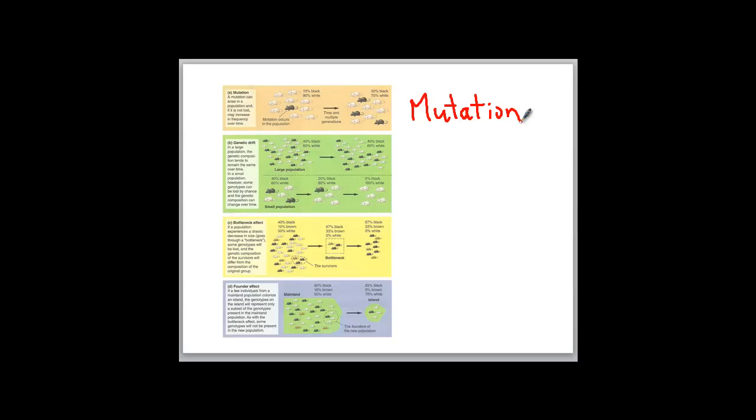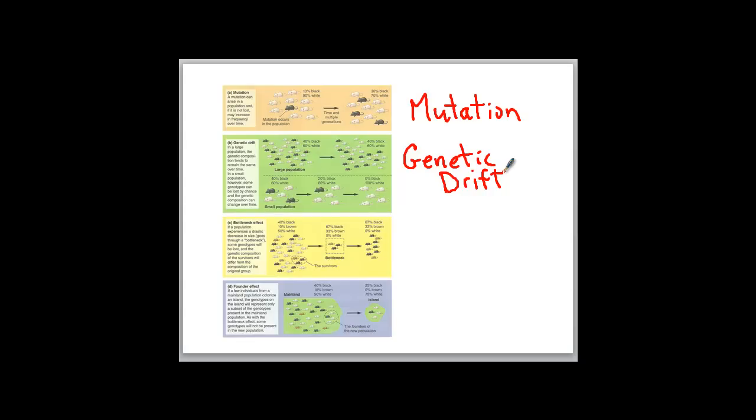All right, the second one on here is the genetic drift. I'll write this bigger so you can see it. This concept of genetic drift, which I'll show you here in a little bit again, is when you have a large population of individuals within a species, and for some reason over time that population shrinks, whether it's because of a climate change or some kind of outside pressure based on the ecosystem.